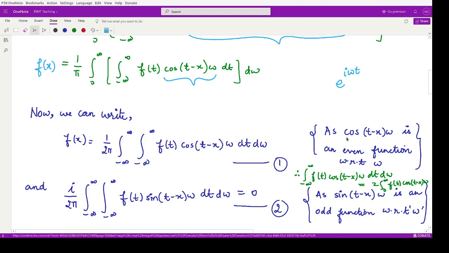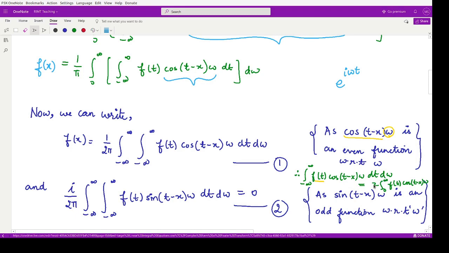We know cos of t minus x into omega is an even function with respect to omega, as we all know. So what would be this expression, integration from minus infinity to infinity of the function f of t into cos t minus x omega dt d omega?